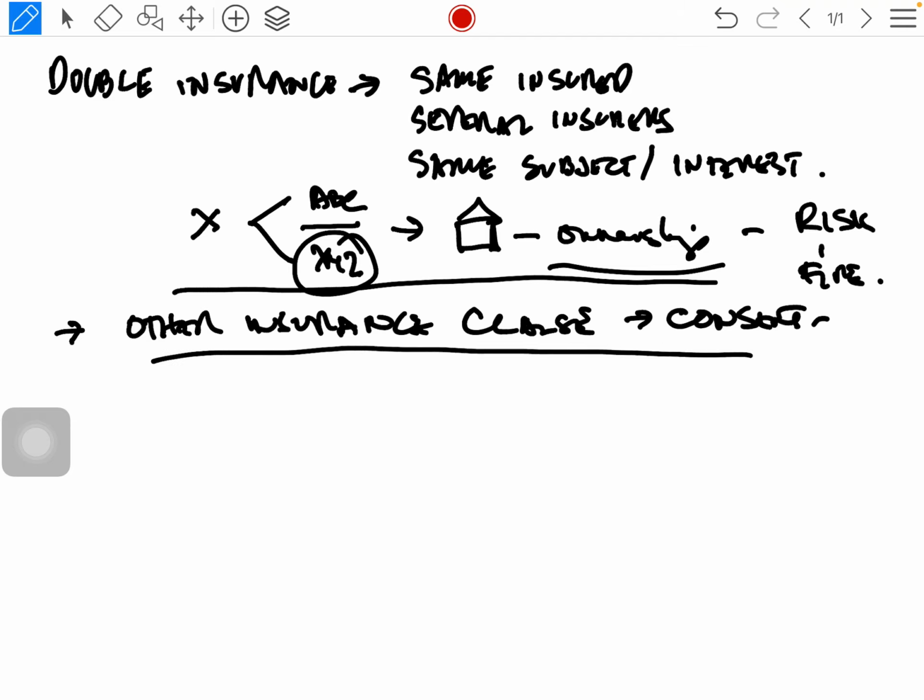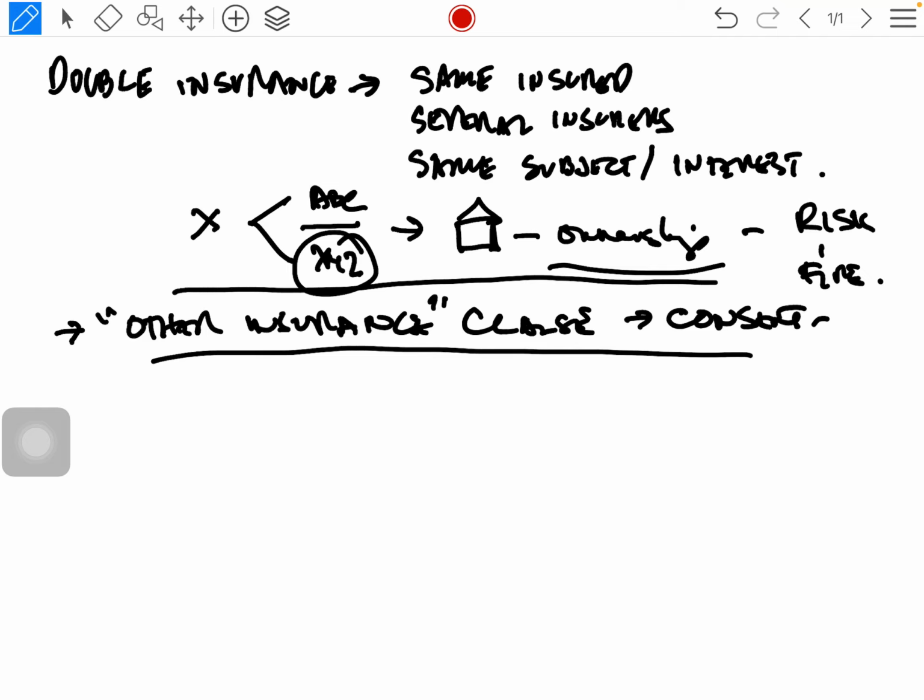Now, when you are going to be asked whether or not the subsequent insurance is valid, you would have to take a look at the presence of another insurance clause. So if ABC's policy contains another insurance clause, then X needs to get the consent of ABC prior to securing insurance from XYZ.